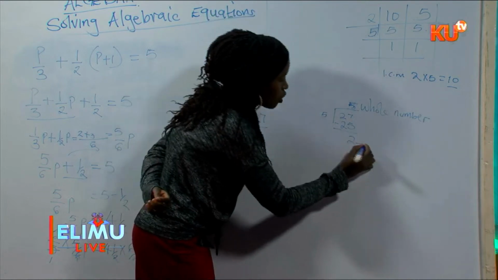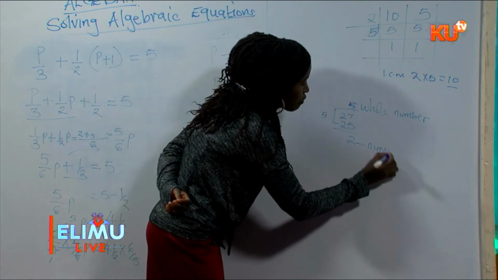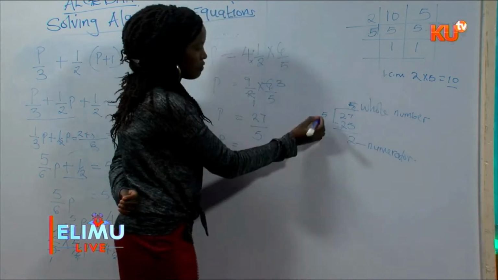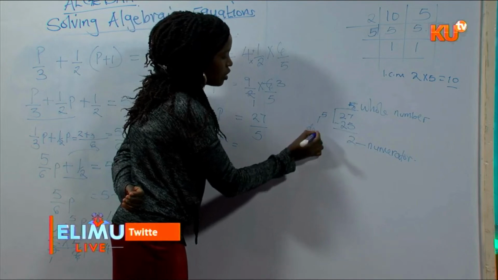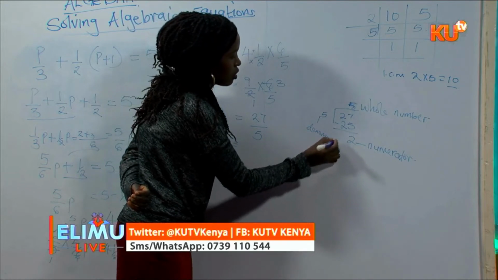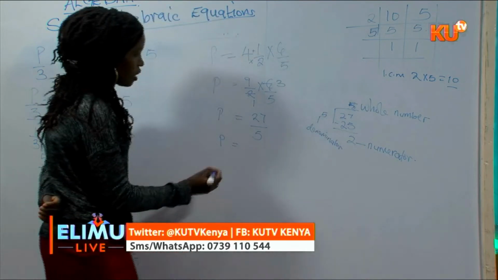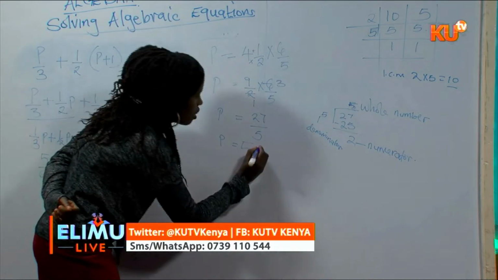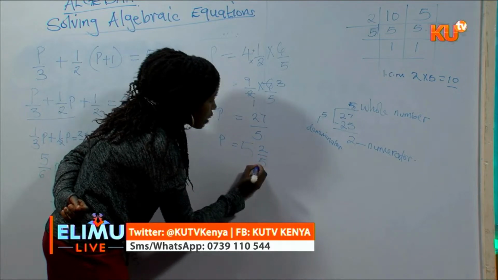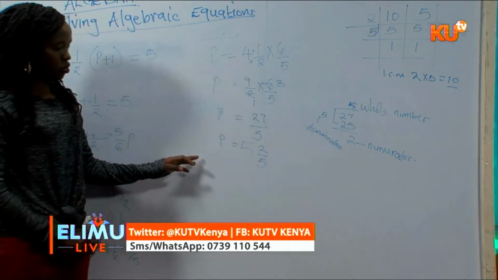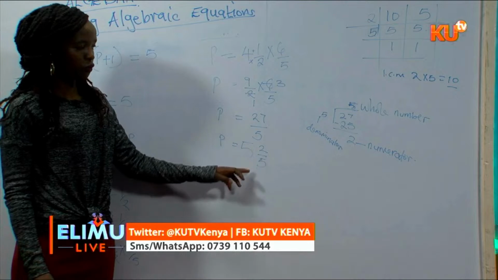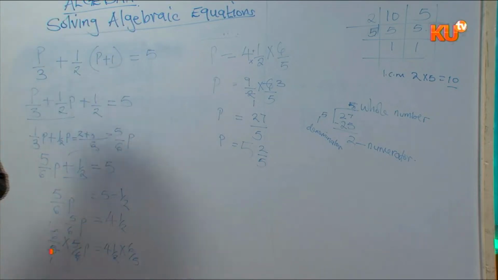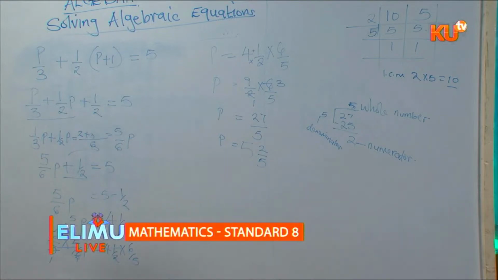And then 2 is going to be our numerator when we are forming our fraction. And then 5 is going to be our denominator. So don't confuse the numbers after you have gotten it. So we are going to have 5 as our whole number, then 2 over 5. So the value of our P is going to be 5 2/5. That is the answer for the value of P. Very good.